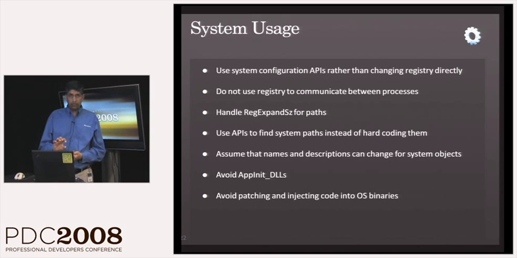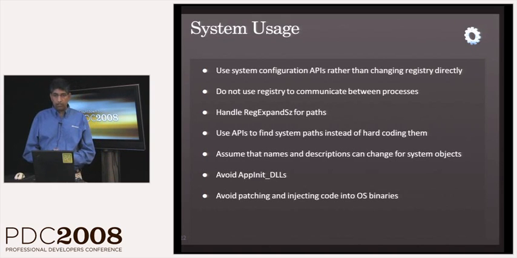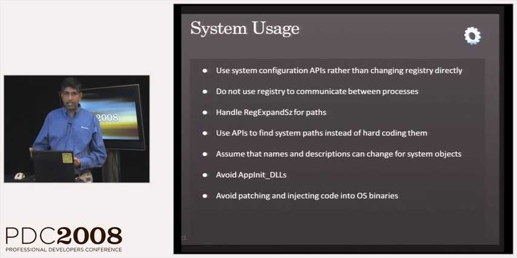Other similar guidance includes system objects. When you're using Windows system objects, make sure that you don't take a hard dependency on static text such as names and descriptions. Avoid patching, meaning there are a lot of applications that try to inject code through IAT and EAT into Windows binaries and Windows processes.